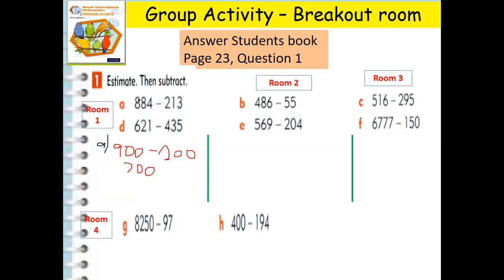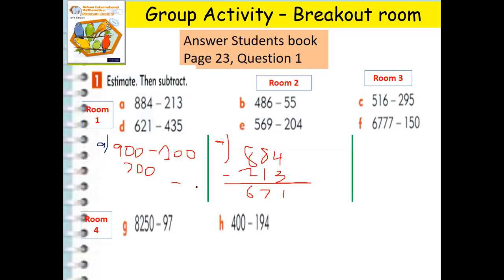So if we are going to subtract the actual in letter A, the actual answer, 884 minus 213. Okay, 1, 7, and 6.